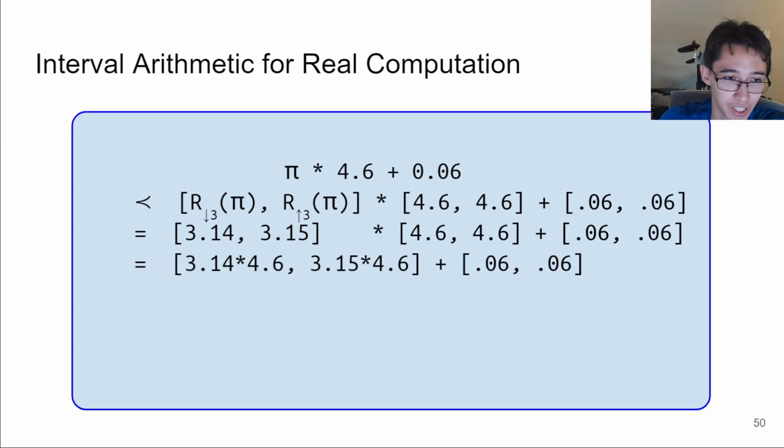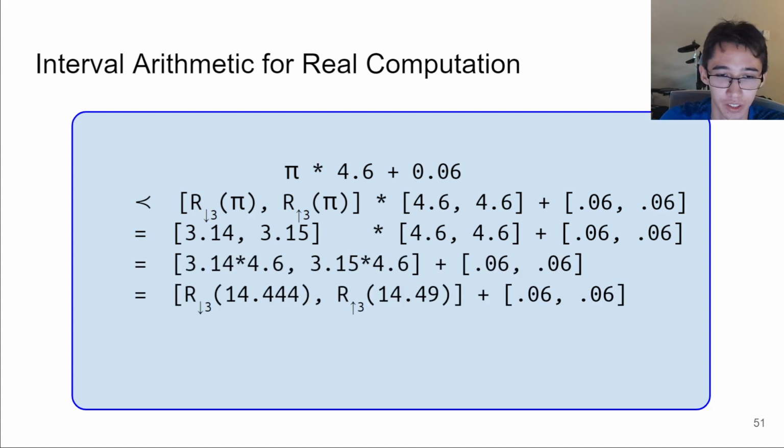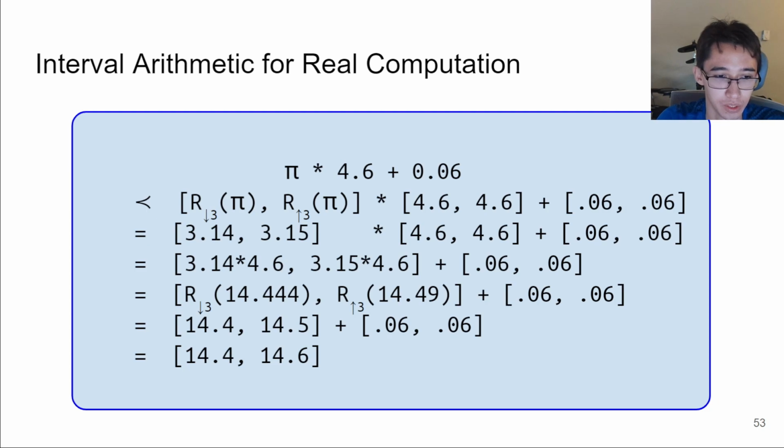Next we'll perform the multiplication and do another intermediate rounding. So here we get 14.444 to 14.49, and doing another rounding we'll get this interval. Doing the addition and another rounding operation, we'll get 14.4 to 14.6.